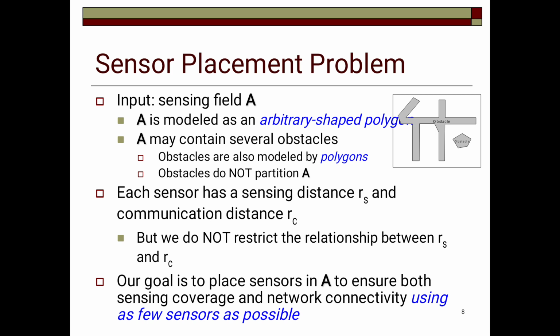A may contain several obstacles. Obstacles are also modeled by polygons. For example, there are two obstacles there, one is this one and one is this one. Obstacles do not partition A.